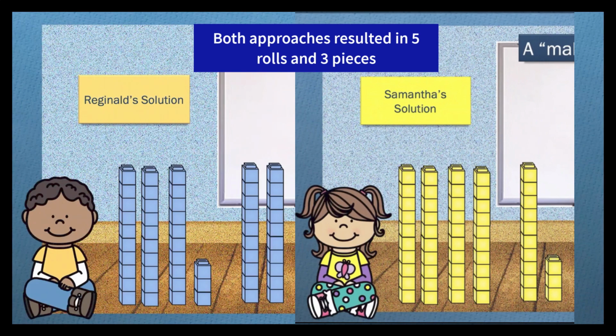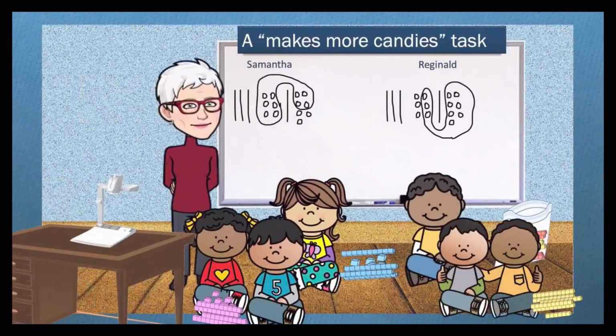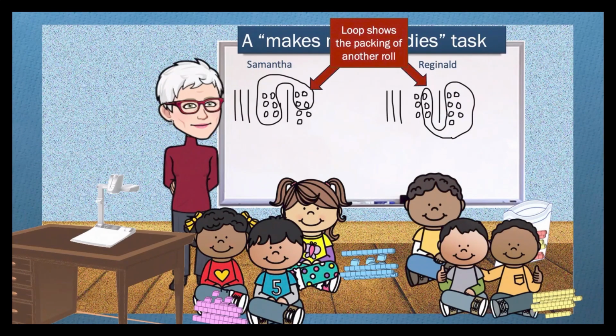Here we show notation that teachers have used successfully for this purpose. These drawings show the initial 3 rolls and 6 pieces, and then the roll and 7 pieces that represent how many more candies were made. The loop around the pieces shows how each child thought of combining pieces to pack up another roll.